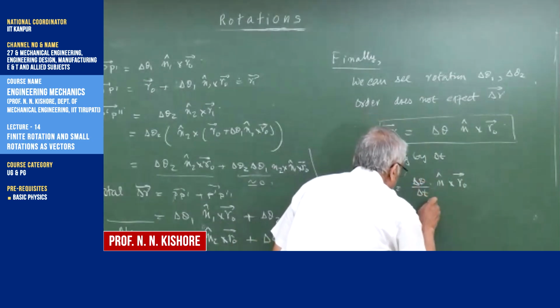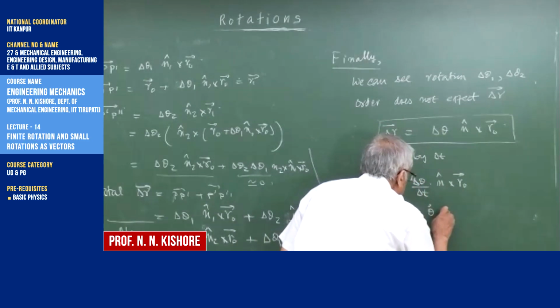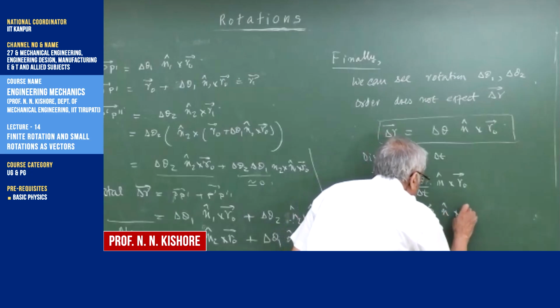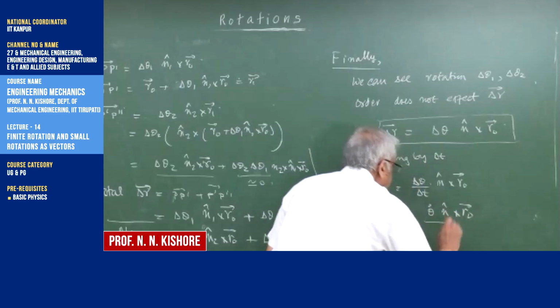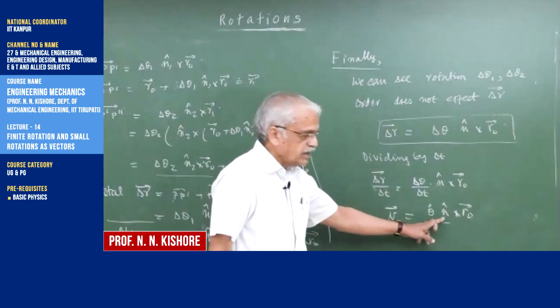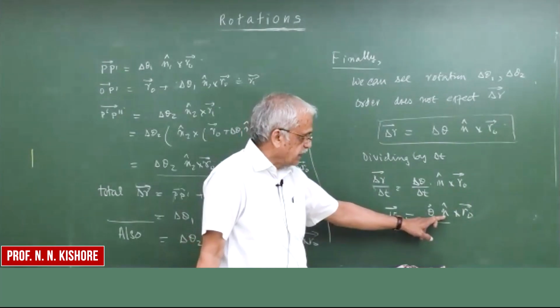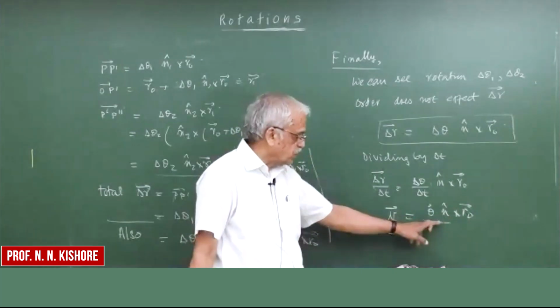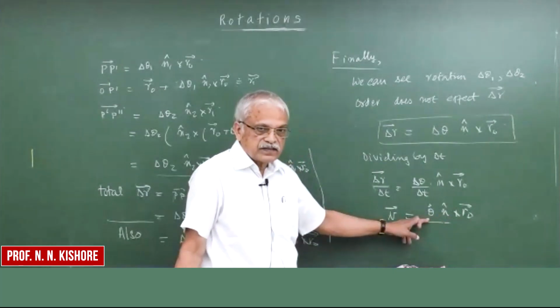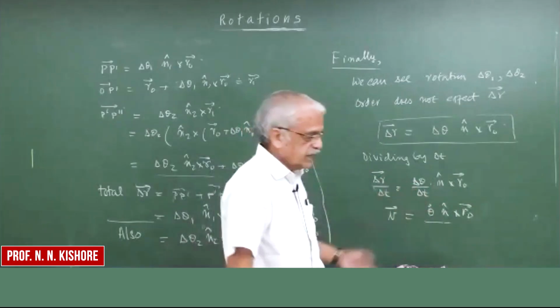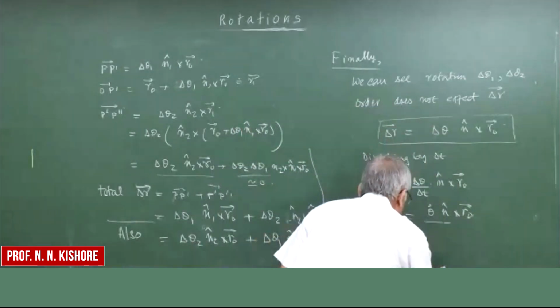So the velocity here is θ dot n. What is this θ dot n? n is the axis about which it is rotating, and θ dot is the angular velocity. So combined, you can put it as omega also.